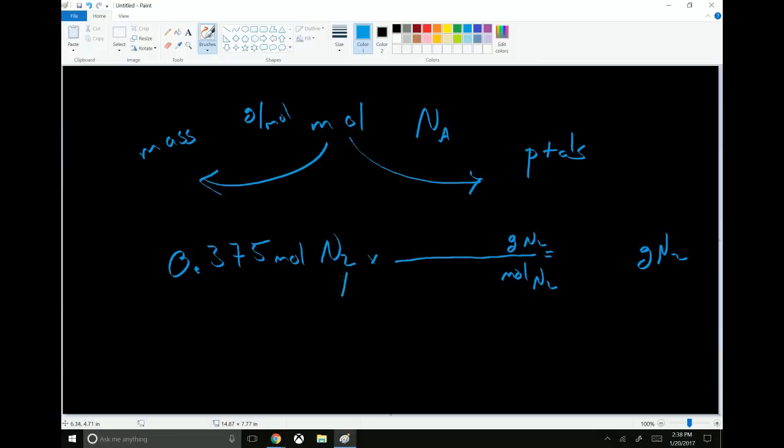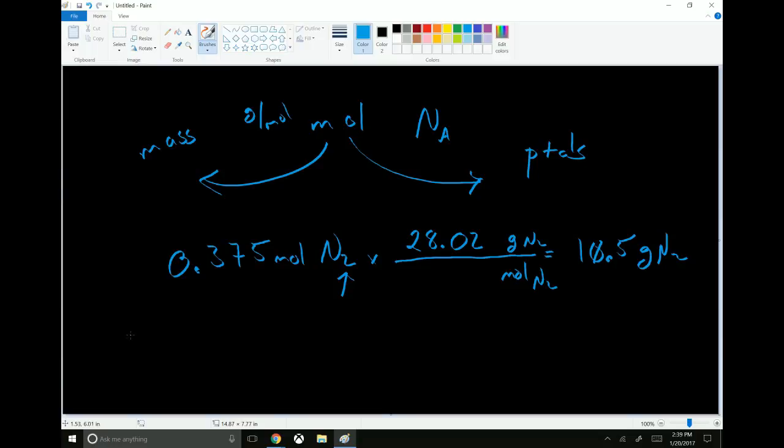But remember, nitrogen is one of the diatomic elements, so the molar mass of the molecule of nitrogen is 28.02 grams per mole. So then you do that math. And the answer is 10.5 grams of nitrogen.